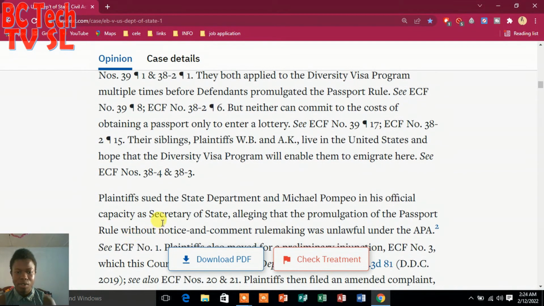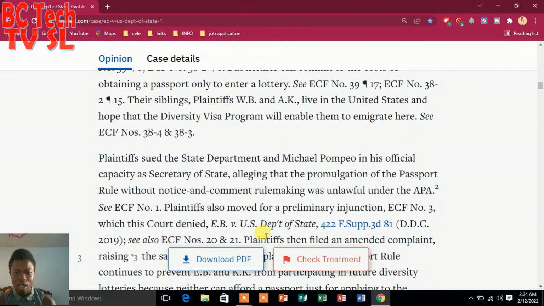Plaintiffs sued the State Department and Michael Pompeo in his official capacity as Secretary of State, alleging that the promulgation of the passport rules without notice and comment rulemaking was unlawful under the APA. Plaintiffs also moved for a preliminary injunction, which this court denied.